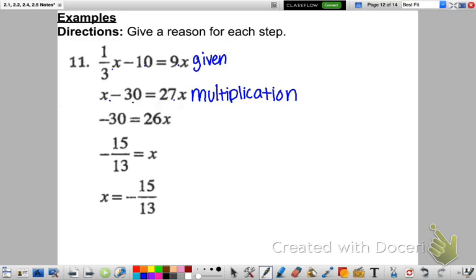Okay. Next, how did they go from x minus 30 to negative 30? They subtracted x from both sides. Last part, they divided by 26 on both sides to get negative 15 over 30.